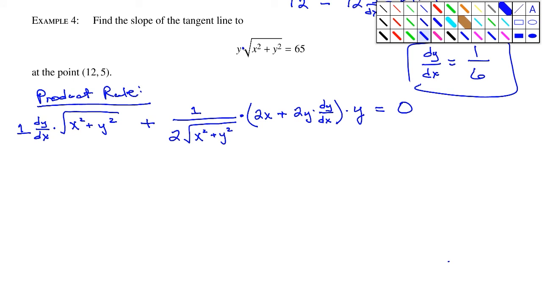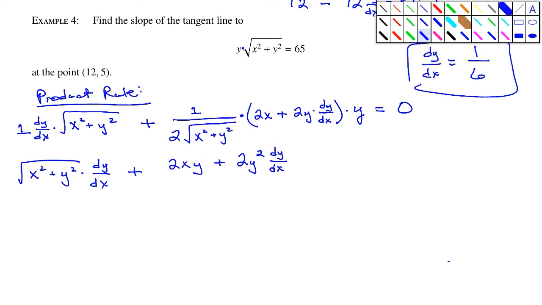All right, now we need to simplify. So we're going to have the square root of x squared plus y squared times dy/dx plus, and then we're going to have 2xy plus 2y squared dy/dx over 2 square root of x squared plus y squared equals 0.